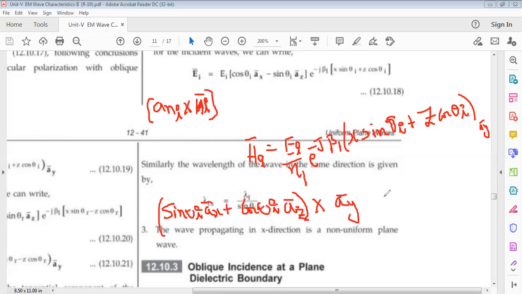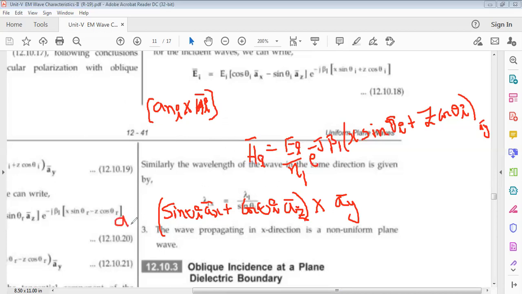Got it, my students? So now you can see AX and AY. ANI cross HI bar: whenever you get Z and Y, it is reversed, or Y and Z. You get Y and X as minus, and Y and Z. So it is HI cross ANI bar in the reverse order.